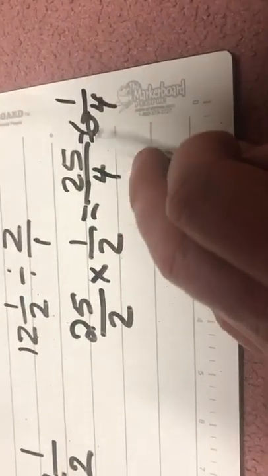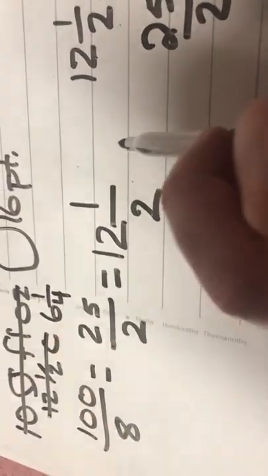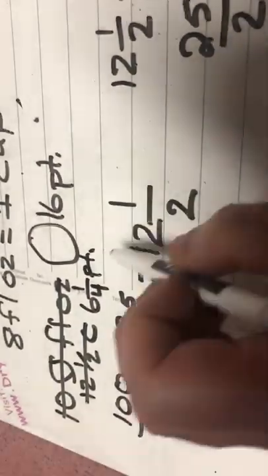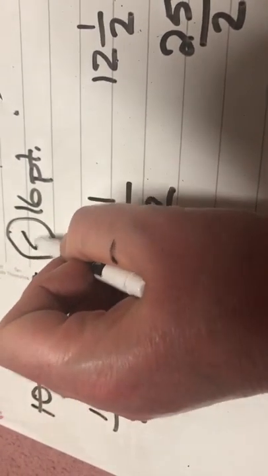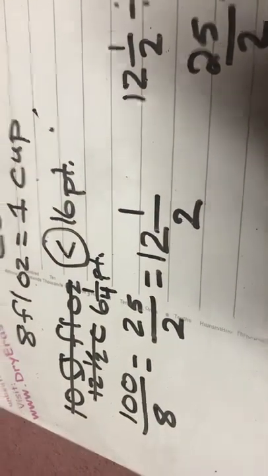Okay? I get 6 1/4. So my 12.5 cups become 6 1/4 pints. What's bigger, 6 1/4 pints or 16 pints? That's definitely bigger.